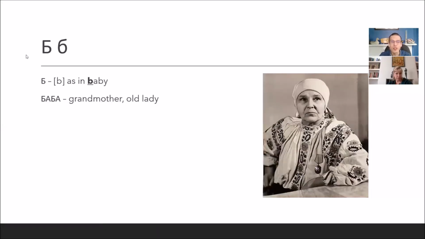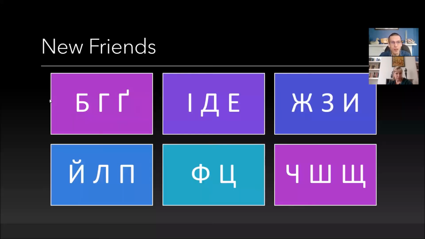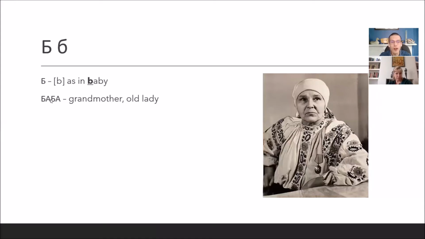So this is letter B, which makes the sound B, as in baby. For example, there is the word B, A, B, A. Baba, which means grandmother or old lady.